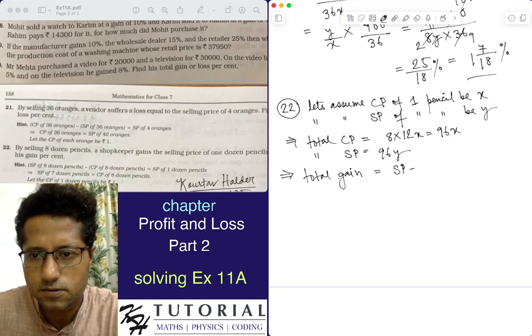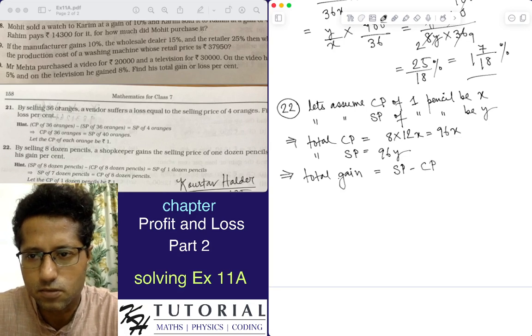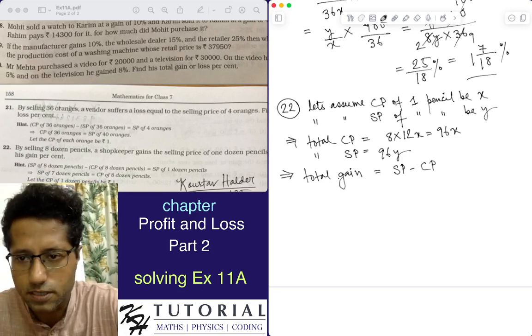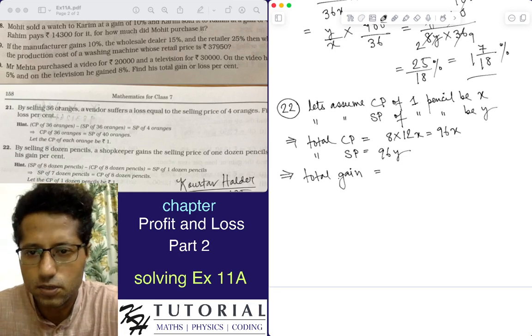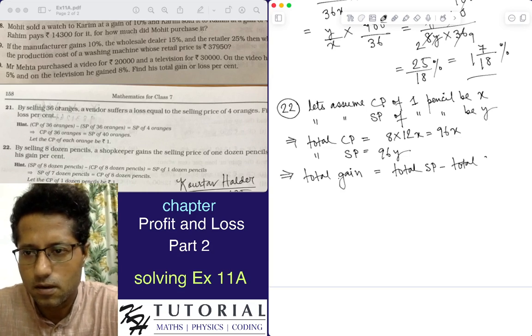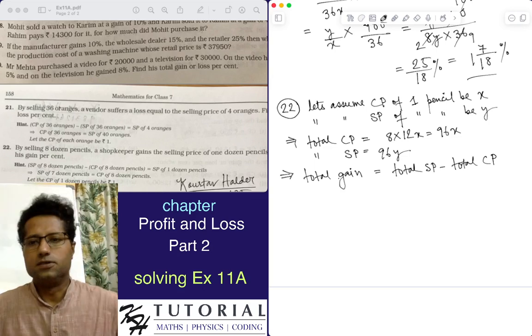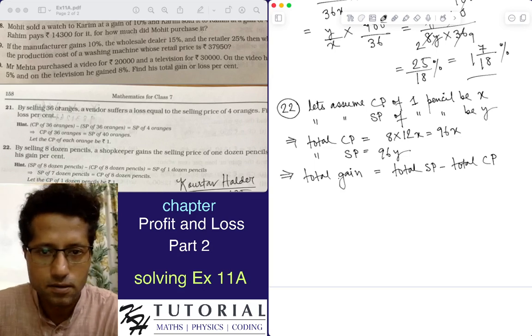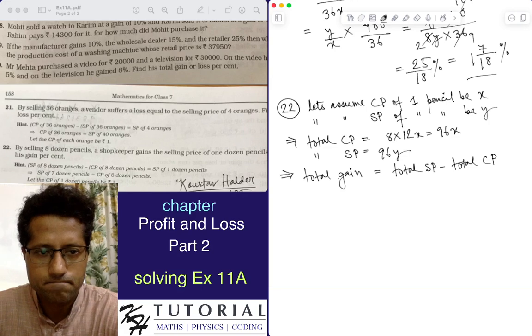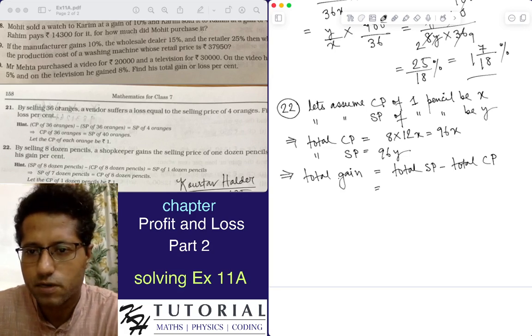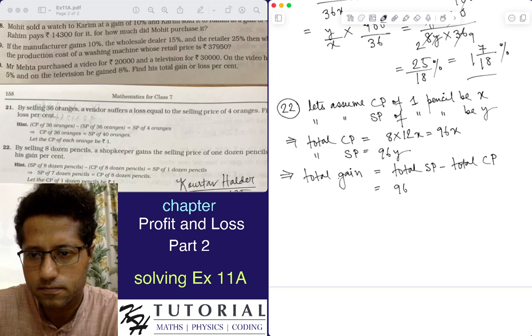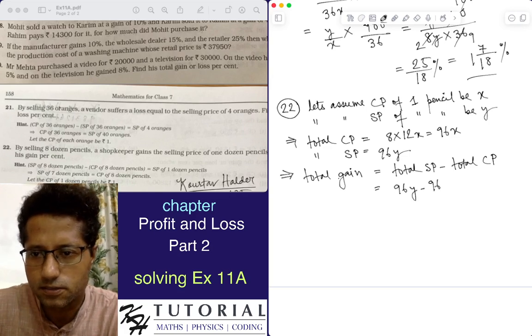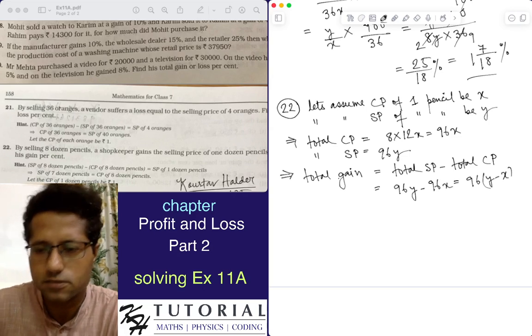Not actually SP minus CP, but total SP minus total CP. Total means considering 8 dozen pencils, that is 96 pencils. So the total is 96y minus 96x. So this is 96 into (y minus x).